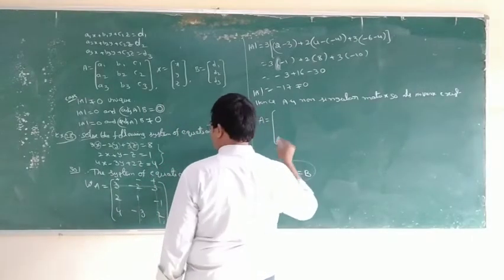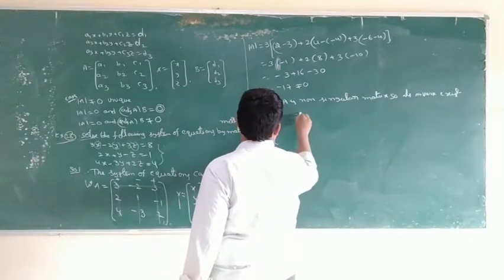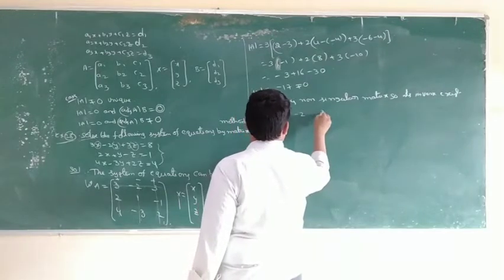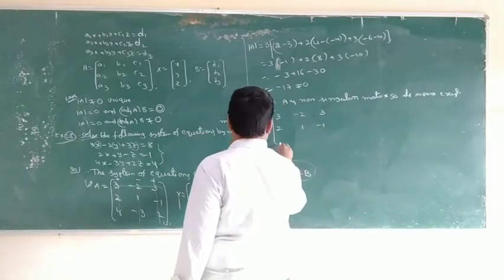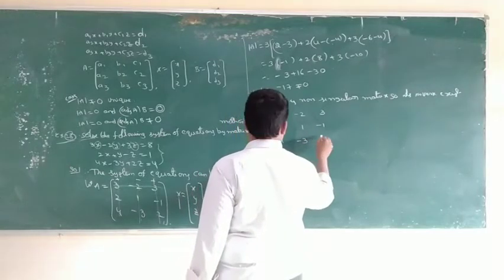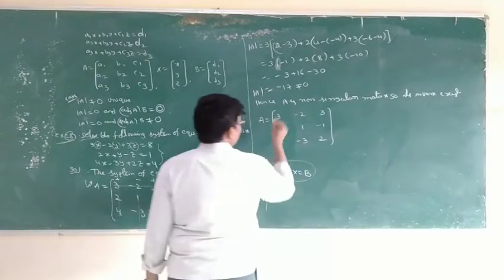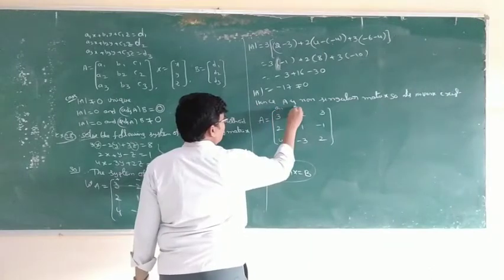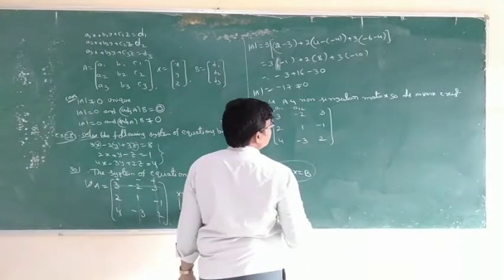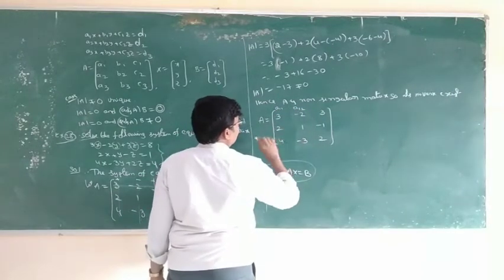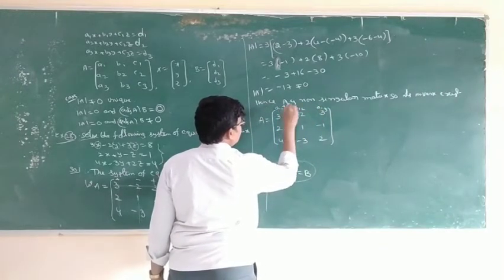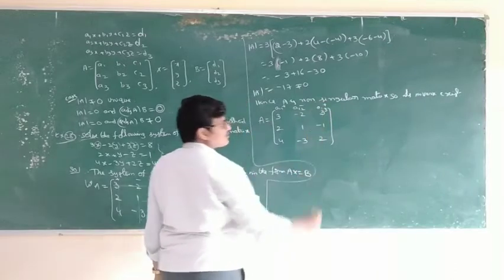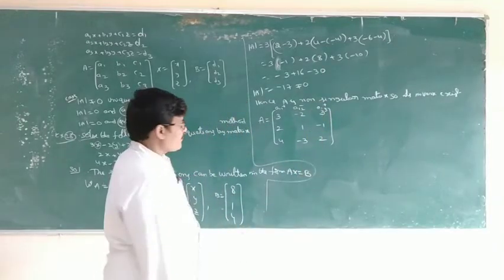A is equal to 3, -2, 3; 2, 1, -1; 4, -3, 2. This is A11, A12, A13. So plus, minus, plus. Listen carefully.